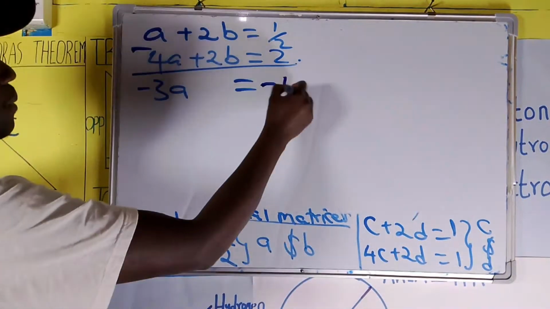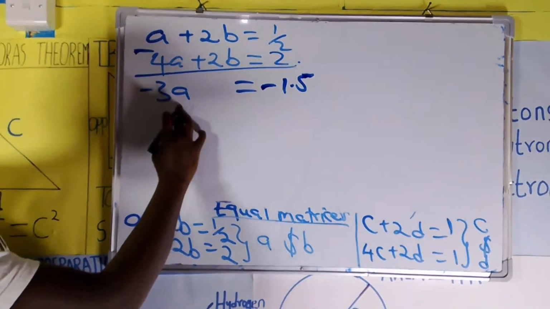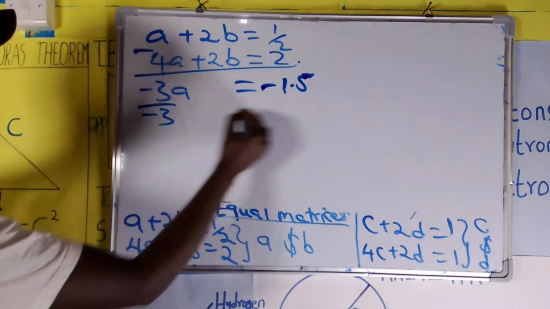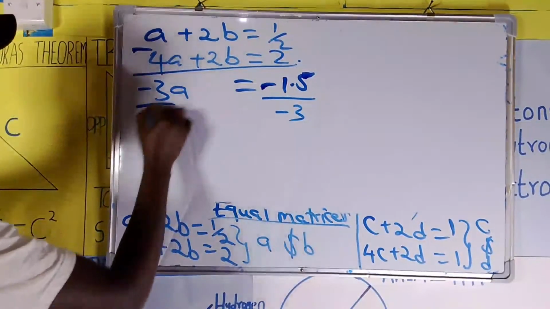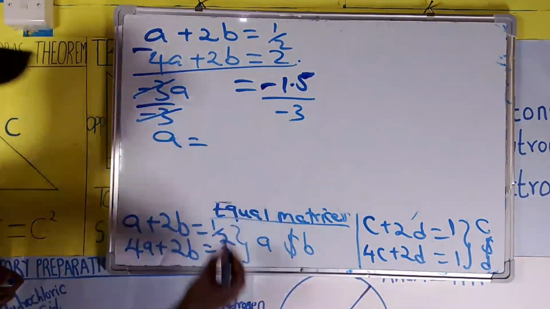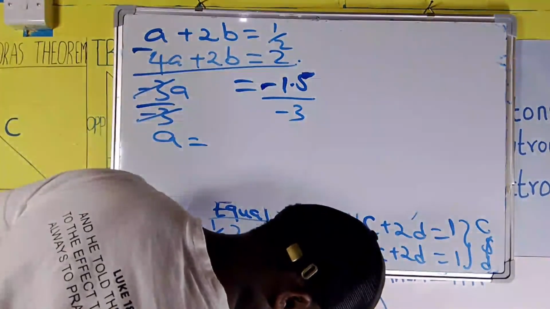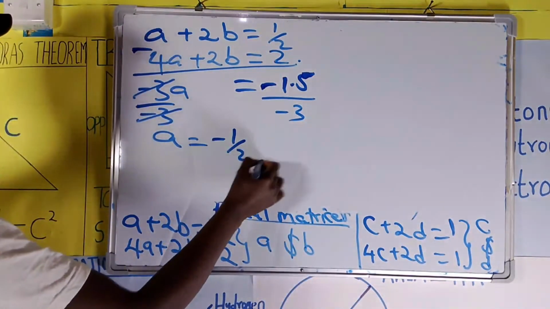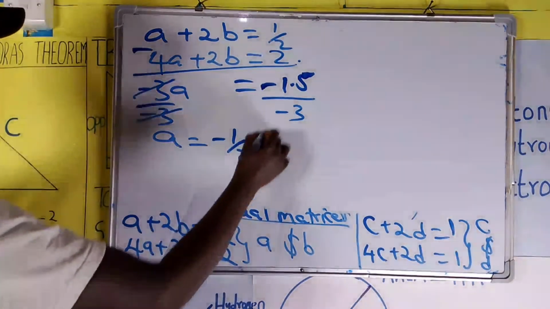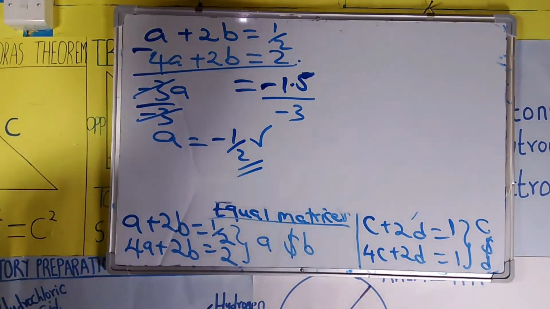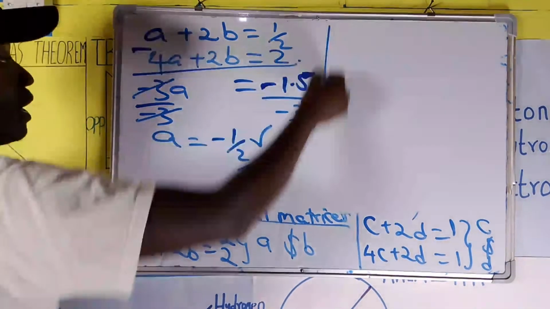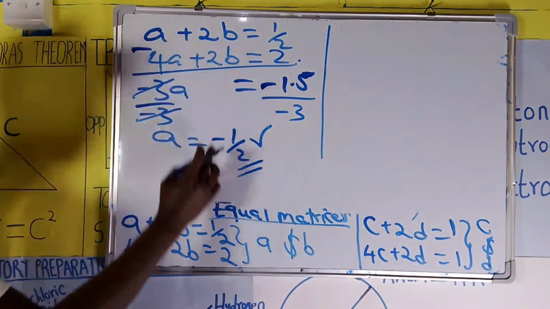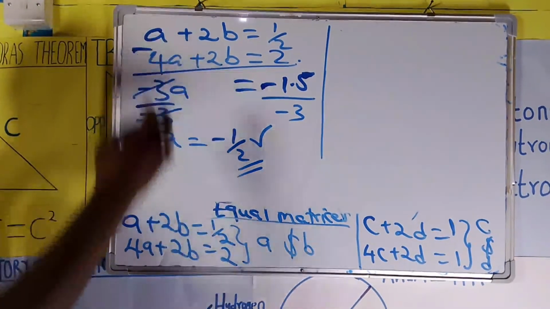We want to remain with A alone, so we divide by negative 3 on both sides. Negative 1.5 divided by negative 3 gives A equal to negative a half. Having found A, to proceed to find B, wherever there is A we put negative a half in either of the two equations.